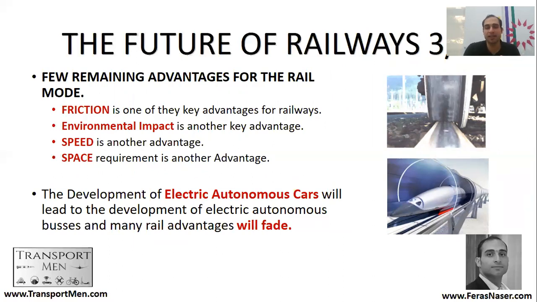Speed for high-speed rails is another advantage, and space. We do not really need a huge space in comparison with roads and so on. But the development of electric autonomous cars will lead to the development of electric autonomous buses and electric autonomous trucks, and many advantages of the rail will fade, that's for sure.